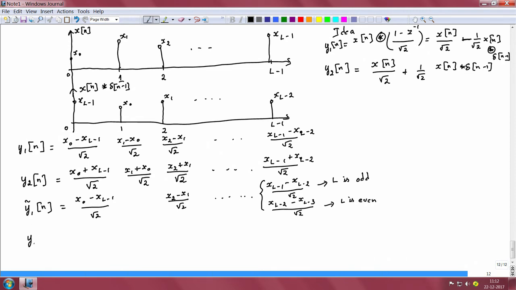And y2 tilde of n similarly is going to be the same set of samples with just the positive sign.